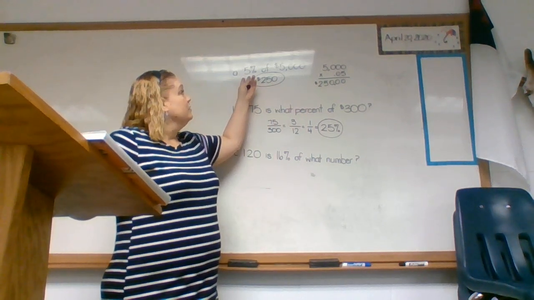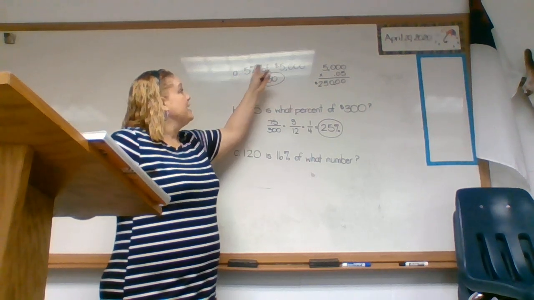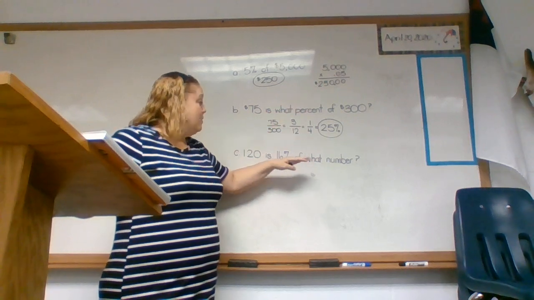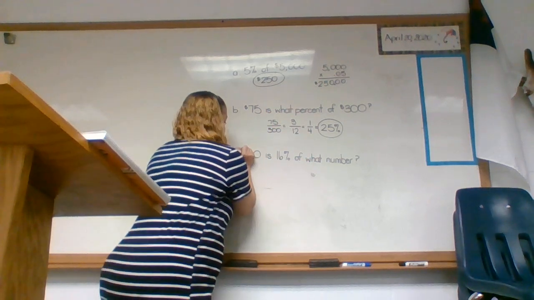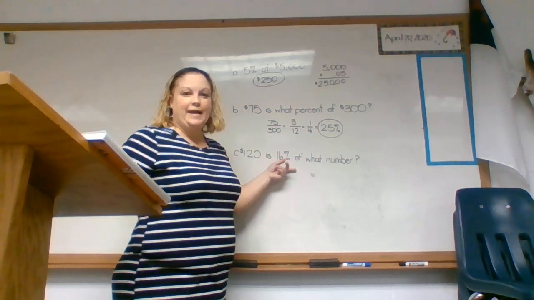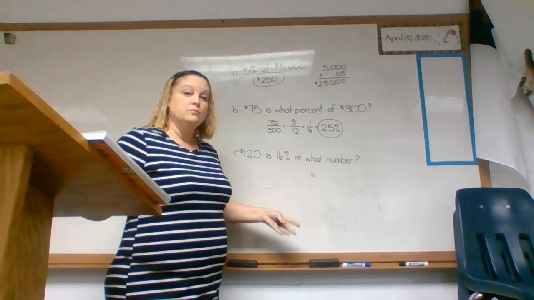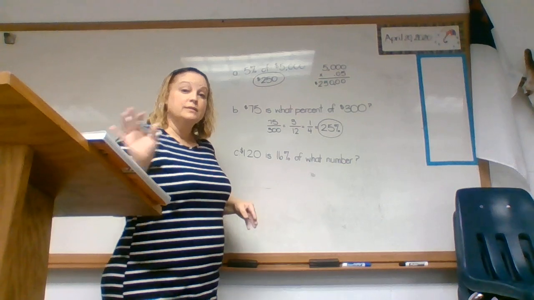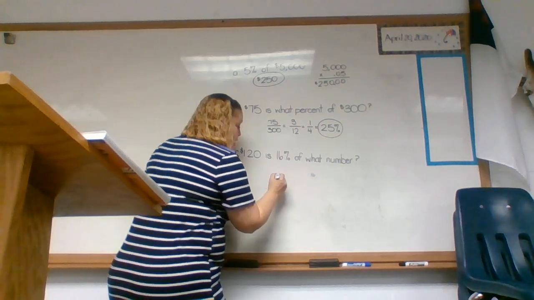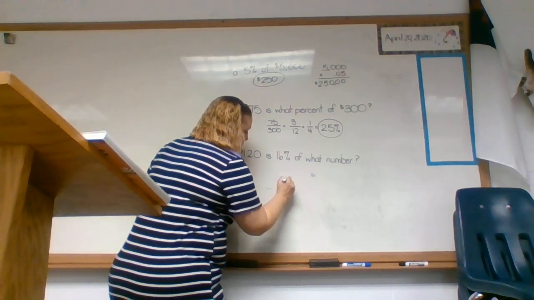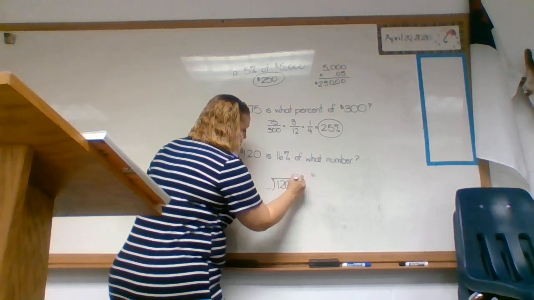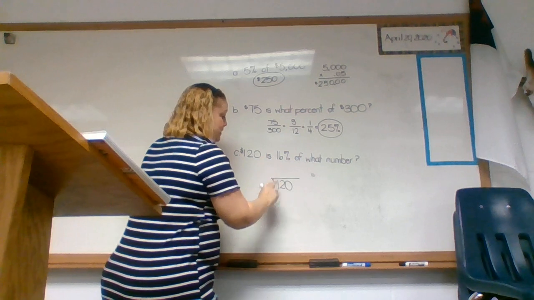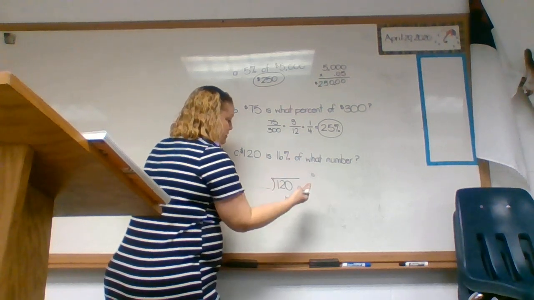Think of A. We had to multiply the sales by the percent to find the commission. How are we going to use the commission and the percent to find the sales? Well, if we multiply to find the commission, we're going to divide to find the sales. Our dollar amount is going to be what's going to go in the box. Okay, so we always multiply by the percentage or divide by the percentage when we're trying to find the original.